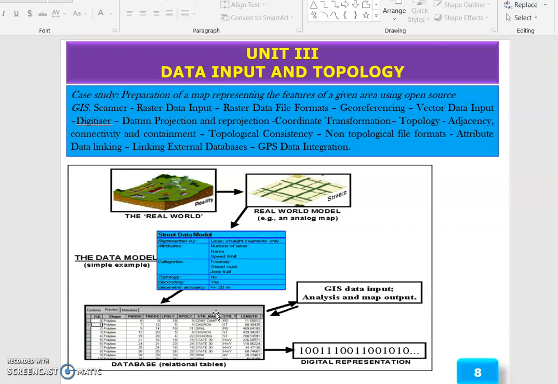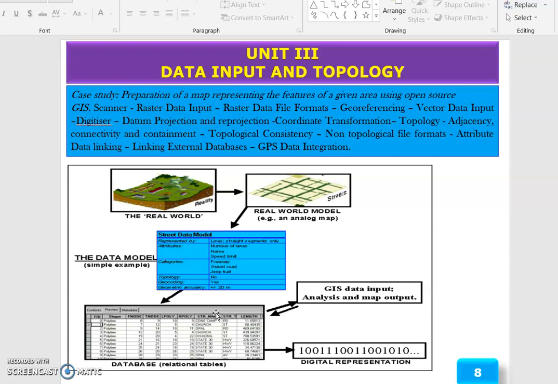See the scanner, raster data input, raster data file format, georeferencing, vector data input, digitizer, datum, projection and reprojection, coordinate transformation, topology, adjacency, connectivity and containment, topological consistency, non-topological file format, attribute data linking, linking external database, GPS data integration. So the real world we can convert into data.